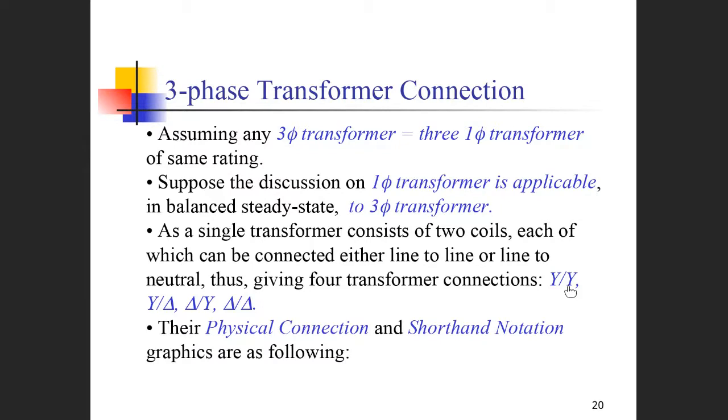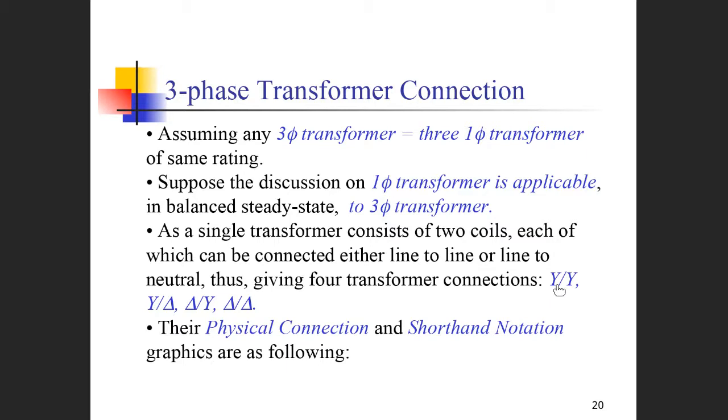So we can say here we have 4 groups of the connection. For each group, they have different vectors. That means the phase relationship between primary and secondary will be different. So when you read some books, you will find even for the star-star connection, they may have different phase correspondences.